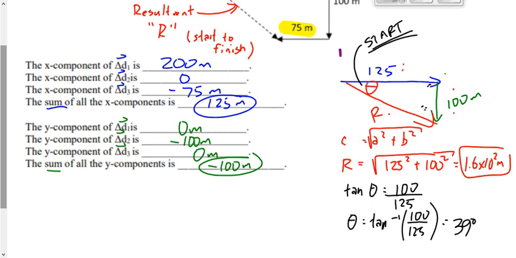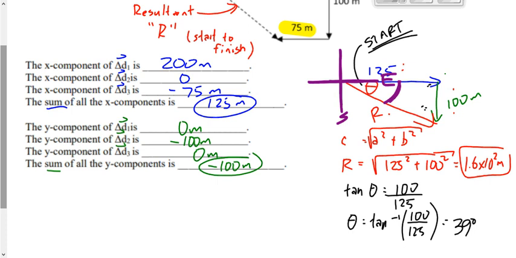I'm going to draw my x and y axis here, my east and my south, right at the start of my diagram. This angle is measured from the east. Would you agree with that? But yet it's going south from the east.